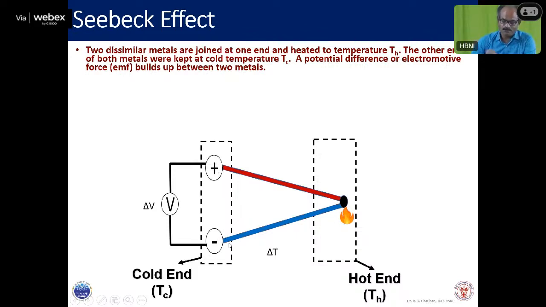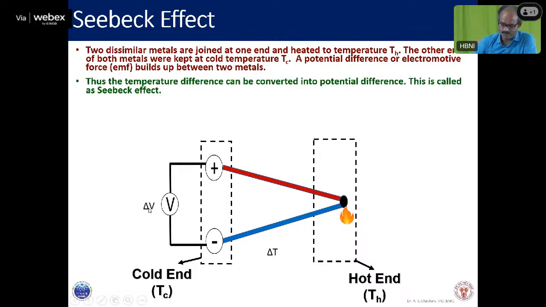So now what you have gained: a temperature gradient has been established between these two ends, and accordingly a potential has been generated. So this delta T has generated this potential delta V. So the temperature difference can be converted into a potential difference, and this is called the Seebeck effect.